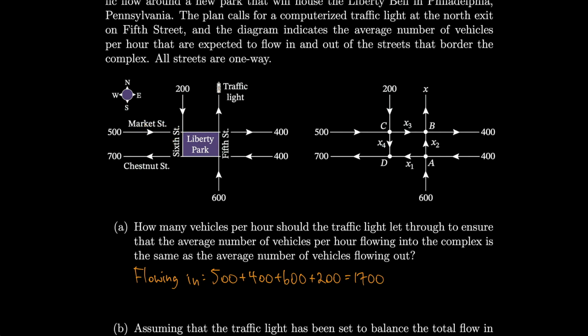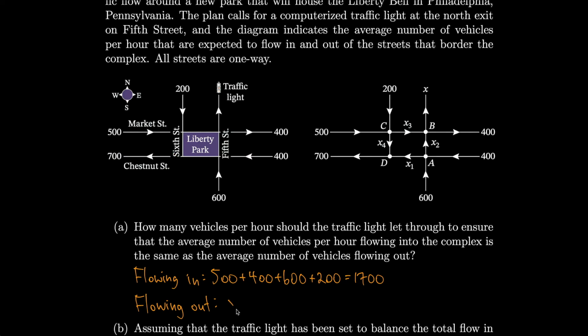So now let's check flowing out. Well, we've got 700 flowing out. We've got 400 flowing out. And it looks like we have whatever over here is at the traffic light flowing out, so we'll call that x.